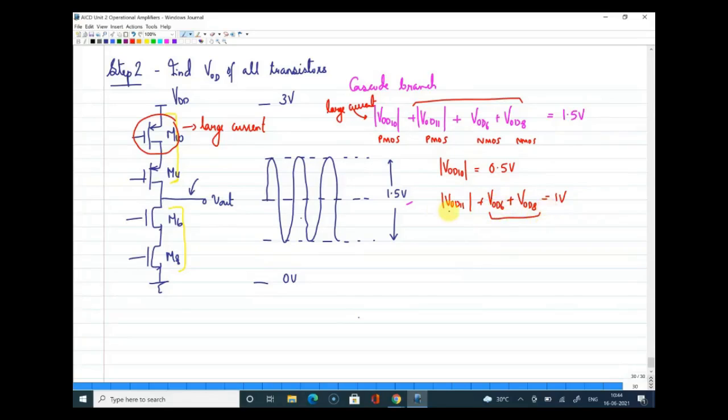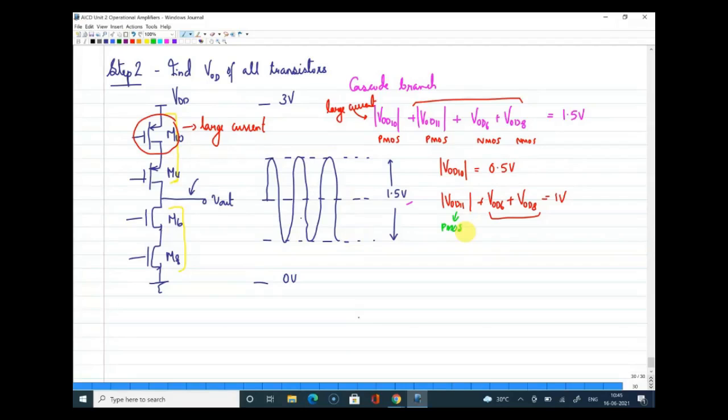But the other transistor, VOD11, is a PMOS again. Even though all the 3 are carrying equal current, the PMOS will suffer from a lower mobility, so we will assign slightly more overdrive to the PMOS device.